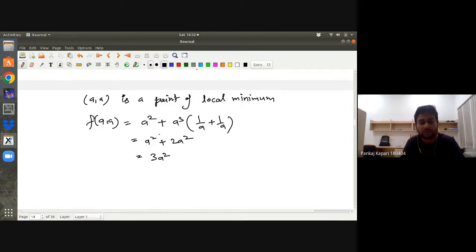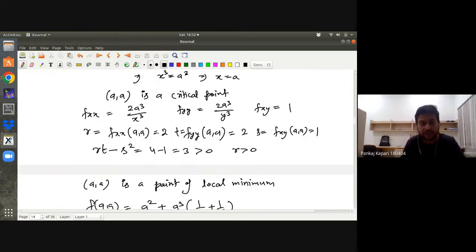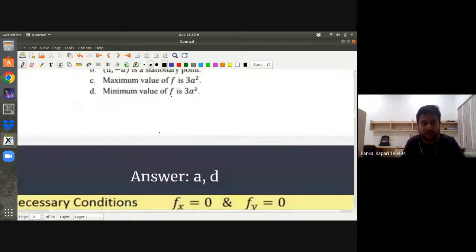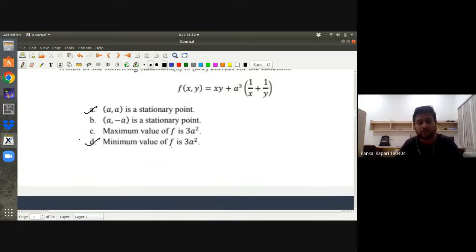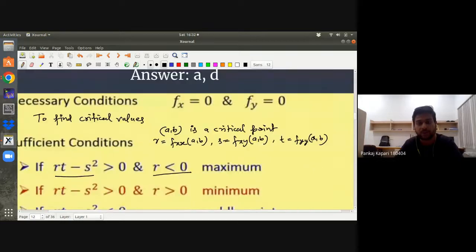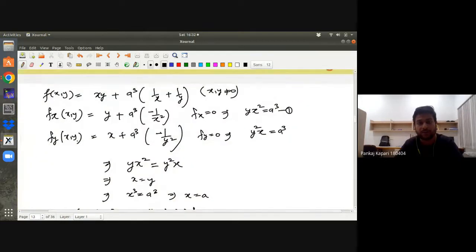So the minimum value of the function is 3a square, which is attained at (a, a), and therefore what are the correct options? (a, a) is a stationary point. This is correct. And the minimum value of the function being 3a square is also correct. So options A and D are correct. You can note down this solution.